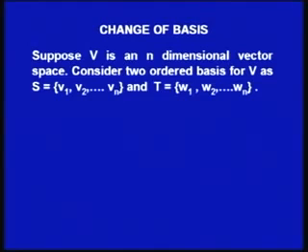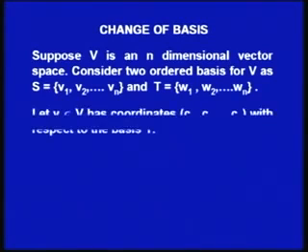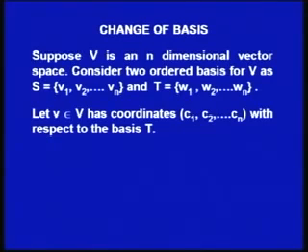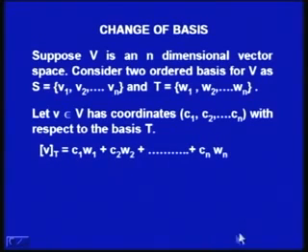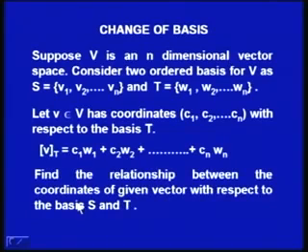Now, change of basis. For this, let us consider V is an n-dimensional vector space and it has 2 ordered bases, S and T. Then a vector V belonging to the vector space V has coordinates C1, C2, Cn with respect to the basis T. So, we can write V subscript T, that means V with respect to ordered basis T, as C1 W1 plus C2 W2 plus Cn Wn, because W1, W2, Wn is a basis for T. Then you can express V subscript S also in terms of V1, V2, Vn.